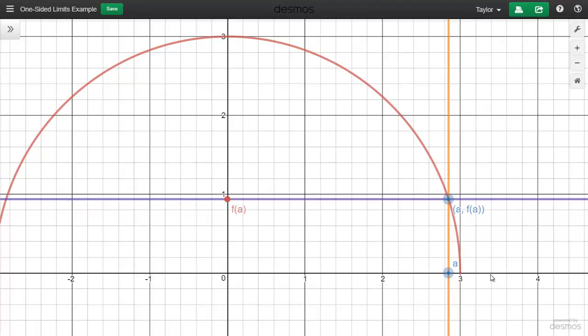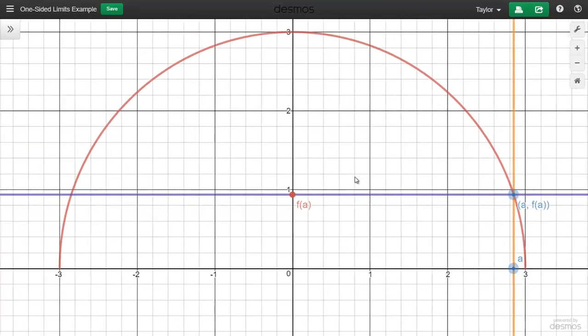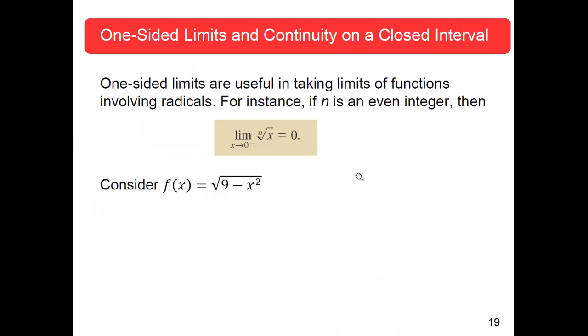If I look at f of 3.5, it doesn't exist. Talking about a trend in the y values there makes no sense, because there are no y values for x values greater than 3. That's the idea of a left-hand versus a right-hand limit.